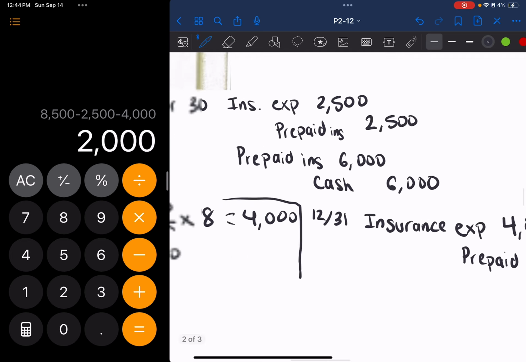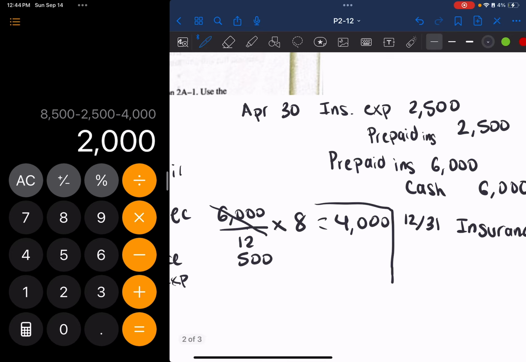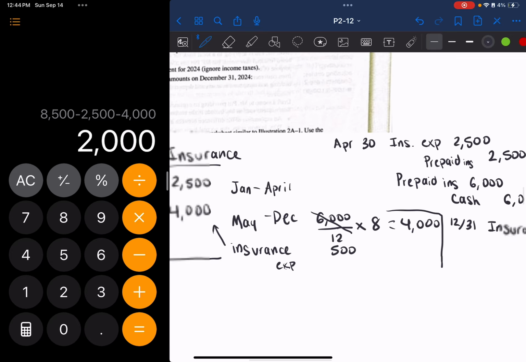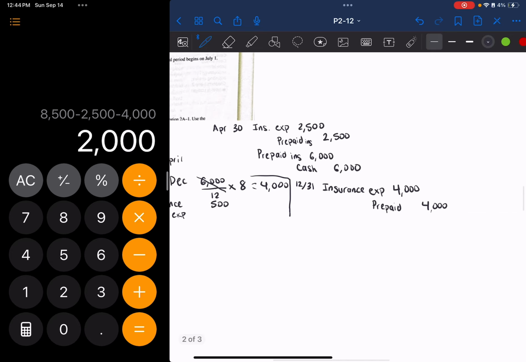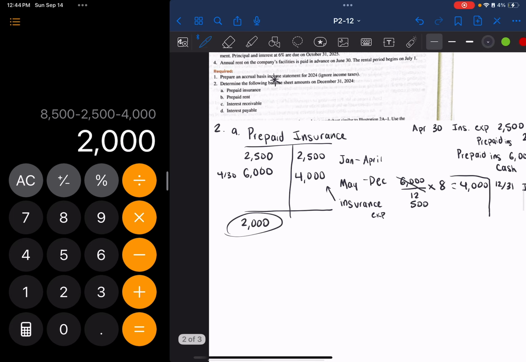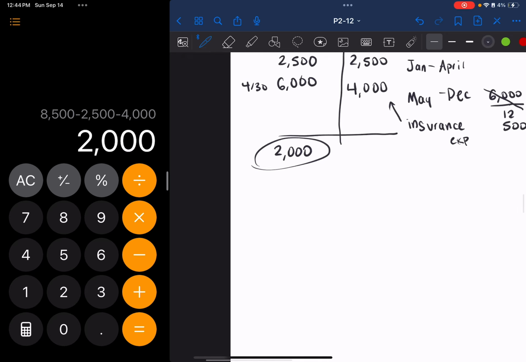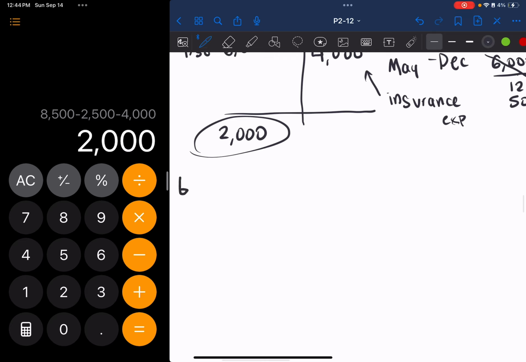Basically doing the same thing, like taking the 6,000 divided by 12, then multiplying by the number of months. So that is basically the journal entry summary of how we got prepaid insurance. You can do journal entries or T accounts. I like doing sort of both if I'm really stuck on a problem. And then let's move on to part B.